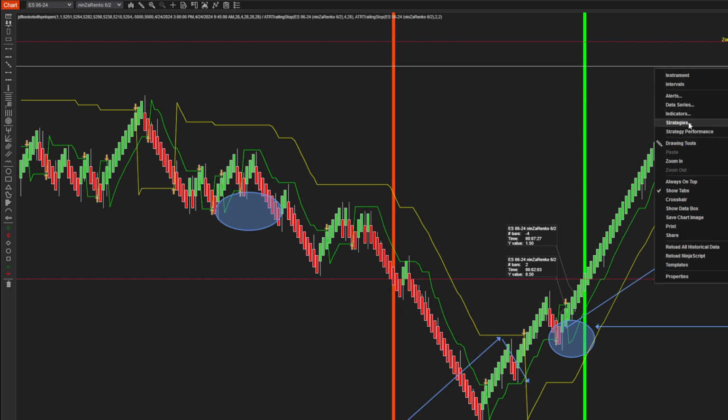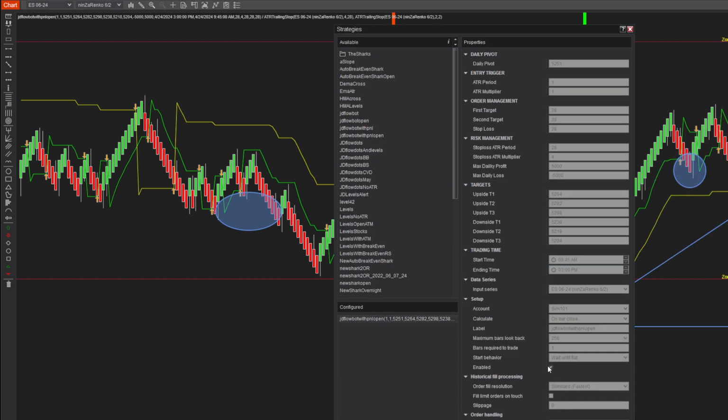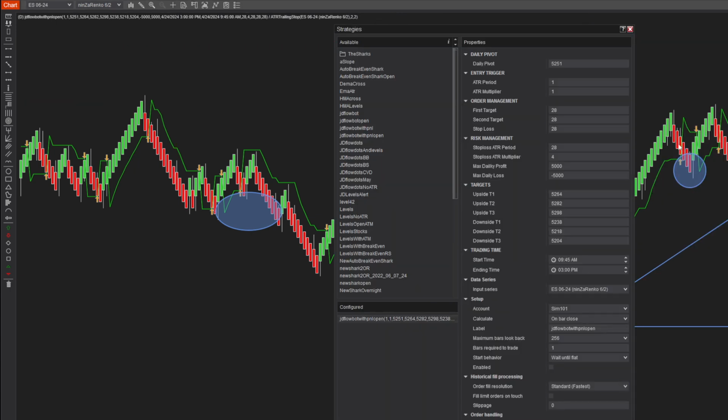So let's go back to the components in here. Like I said, it's only two things, and you can clearly see it right here. I'll provide all of this information, all the different targets, with an incredible level of accuracy, the daily max loss and daily max profit. The next release is going to have two targets.